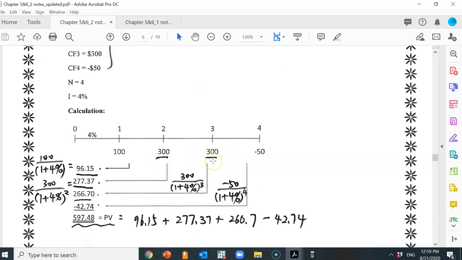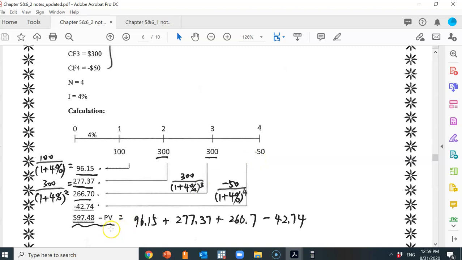For the third cash flow 300, we divide by 1 plus 4% cubed. We have 266.7. For the fourth cash flow, negative 50, we divide by 1 plus 4% to the power of 4. Okay, and then we have negative 42.74 as the present value for the last cash flow.